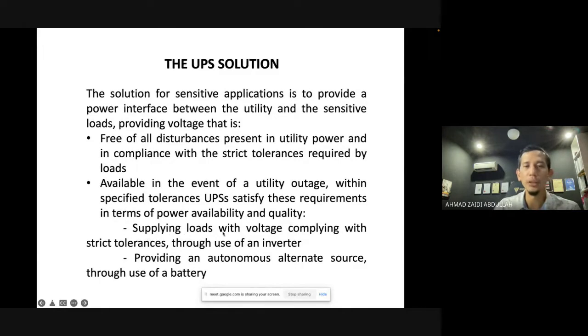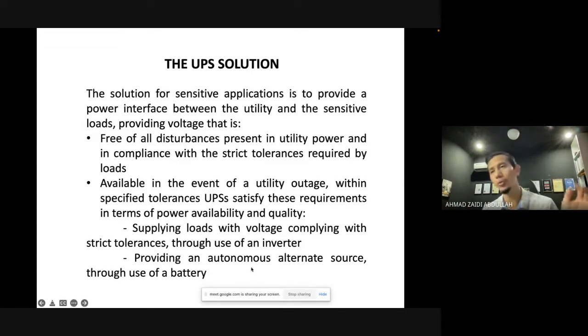So supplying the load with voltage that complies with the strict tolerance through use of an inverter. So all UPS is built up with an inverter. Providing an autonomous alternate source through use of a battery. So the main component of the UPS is the battery.